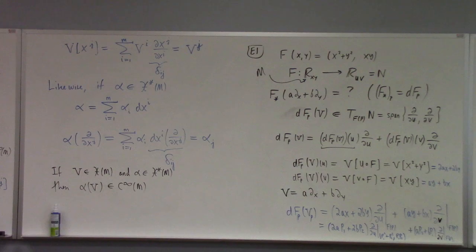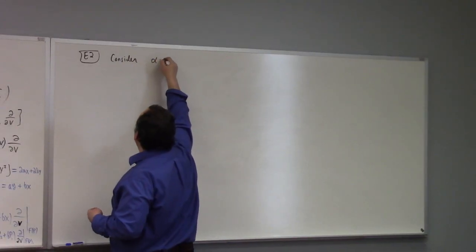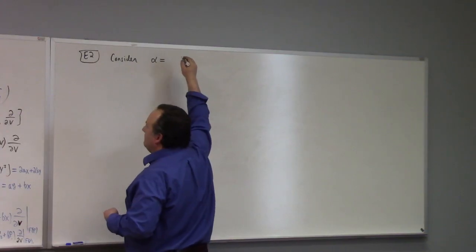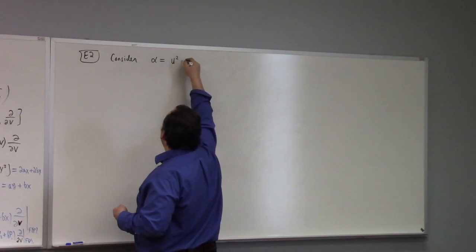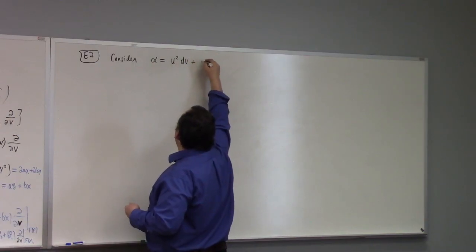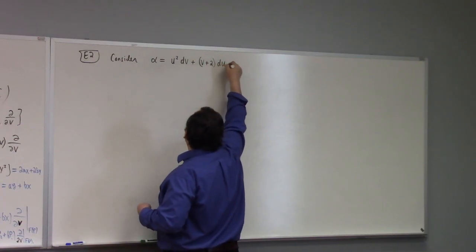Well, we've got this example. Let's calculate a pullback. Consider alpha equals, I don't know, u squared dv plus v plus 2 du.